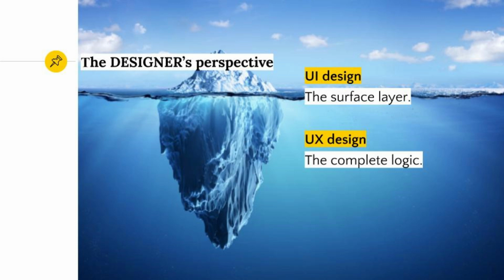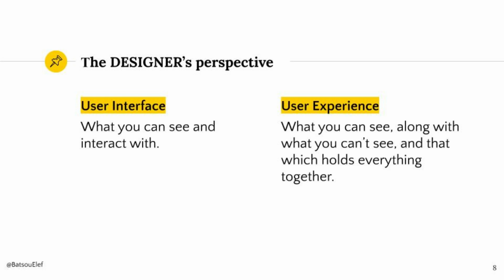On the other hand, this big iceberg is not only this tip, it's also a huge mountain underneath that and the whole sea that holds everything together. This is the UX. So from the designer's perspective or even from the developer's perspective, user interface is what you can see and interact with, but user experience is what you can see alongside what you don't see and everything that holds everything together.